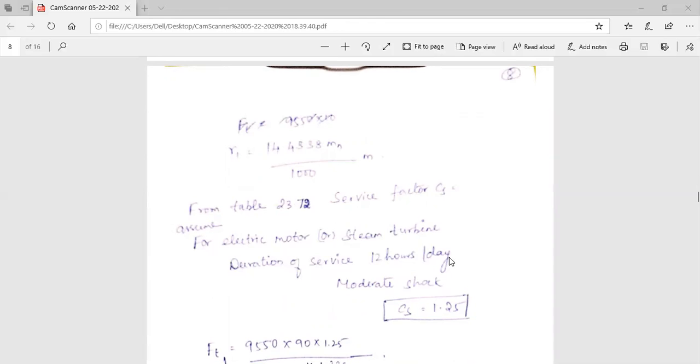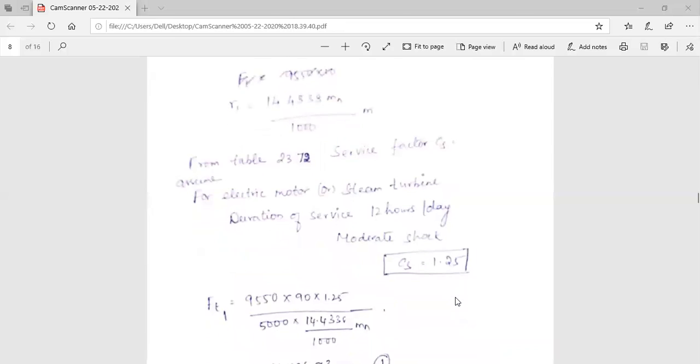If the data is not given, we always take a moderate value, moderate duration. You don't take light duty or heavy duty. Always take moderate shock and moderate duration. The minimum is 8 hours, the medium is 12 hours, and the maximum is 24 hours. So you take 12 hours per day, moderate shock, Cs equal to 1.25.